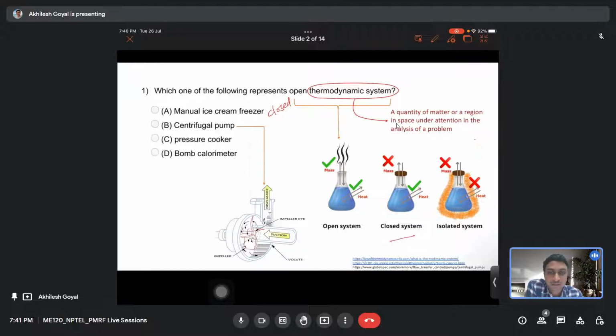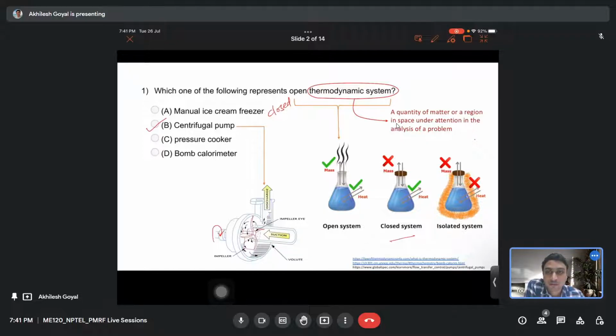So here we can see mass interaction in the centrifugal pump, and also from this rod the work is transferred to the impeller. So we can say that mass as well as energy transfer is present in the centrifugal pump. So the centrifugal pump is an open thermodynamic system.